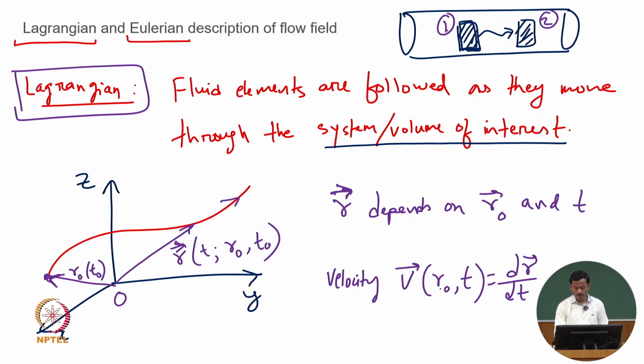This is the velocity of the particle which had started at r0, and now the velocity at time t. Similarly, acceleration is just the double derivative of the position vector of the particles which had started at r0. So this is the double derivative of the position vector or the first derivative of the velocity vector. So this is the Lagrangian description of the fluid flow.